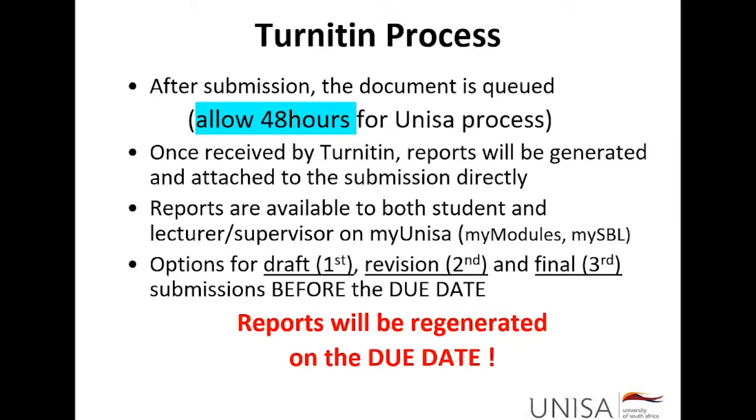When you upload your document to My UNISA, it will see that your lecturer requires Turnitin processing for this specific submission, and it will then send your document or your file to Turnitin. When it is received on the Turnitin side, it will be processed, a report is generated, and then My UNISA will collect that report and attach it to your submission.